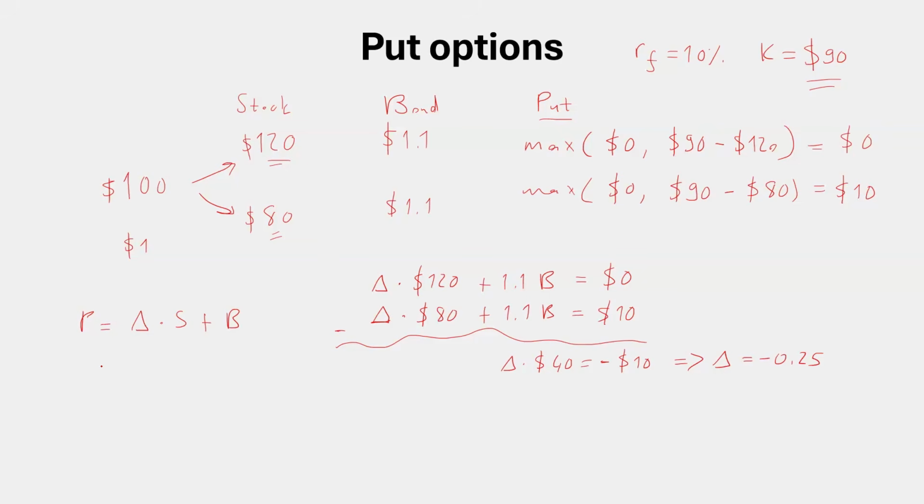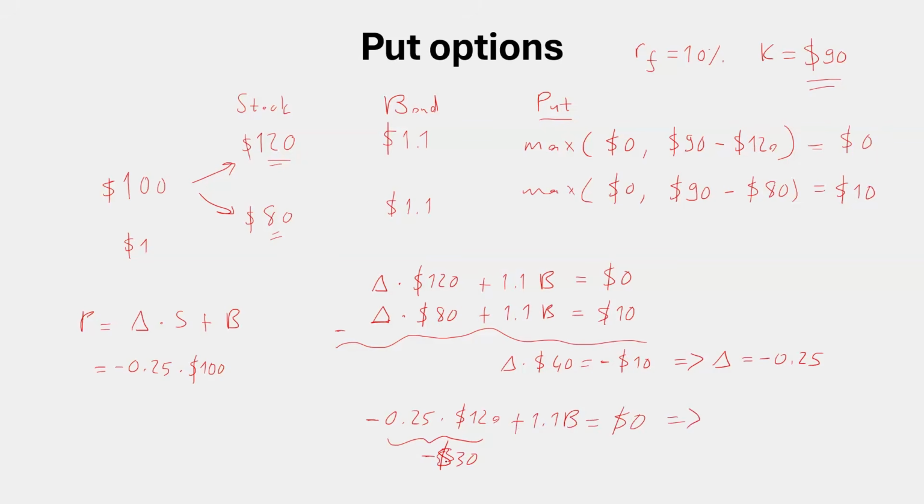So I've already found my delta. This is going to be basically minus 0.25 times the current price of $100. All I need to find now is the B value. Let's say I use the first equation and plug in delta: minus 0.25 times $120, so this is going to be minus $30. Sorry, I didn't write it very nicely. And this is 1.1B, using the first equation, equals 0.